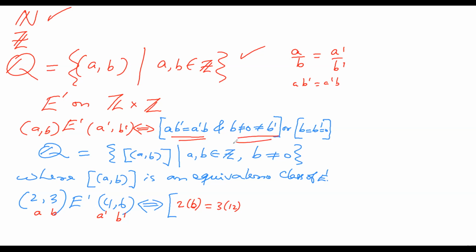So two rational numbers are related in this manner. We can quit now. Sir, it will be 3 times 4. Okay. And we have 3 is not 0, 6 is not 0. Everybody agrees with that?